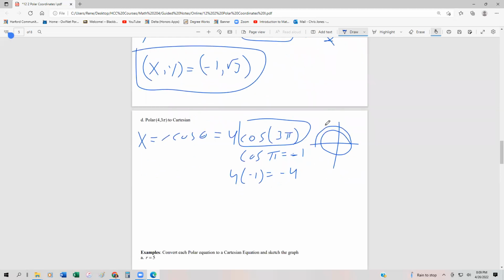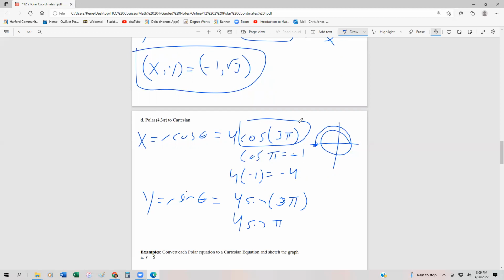And we're going to do the same thing for the sine function, except the sine is going to be the y coordinate. So y is going to be r sine of theta. And that's going to be 4 times the sine of 3 pi. Again, the sine of 3 pi is coterminal with sine of pi. This is 4 sine of pi.